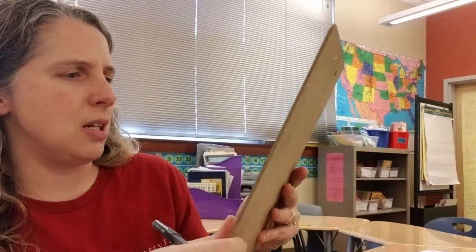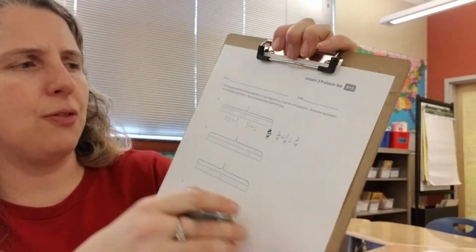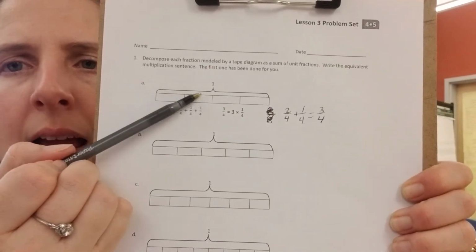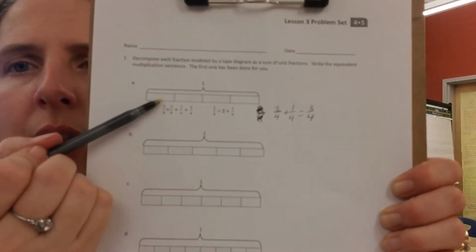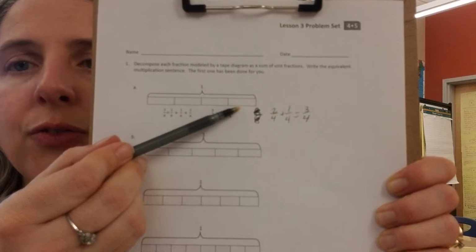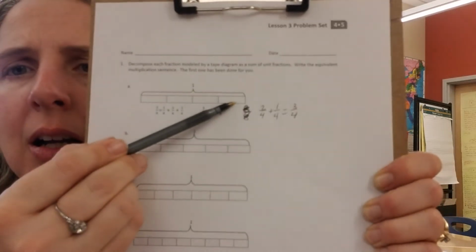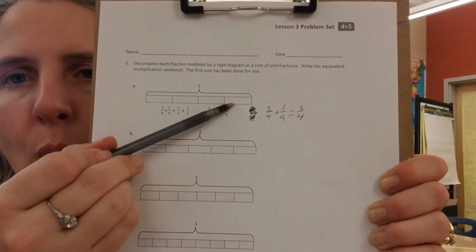We're going to make sure we know exactly how many are shaded in on here. So the first thing I want to show you before we do that is, do you see this bracket showing 1? They're showing you that if you had all of those shaded in, that would be a full 1. So let's just say this is a full candy bar, but it's broken up into how many pieces? 1, 2, 3, 4 pieces.